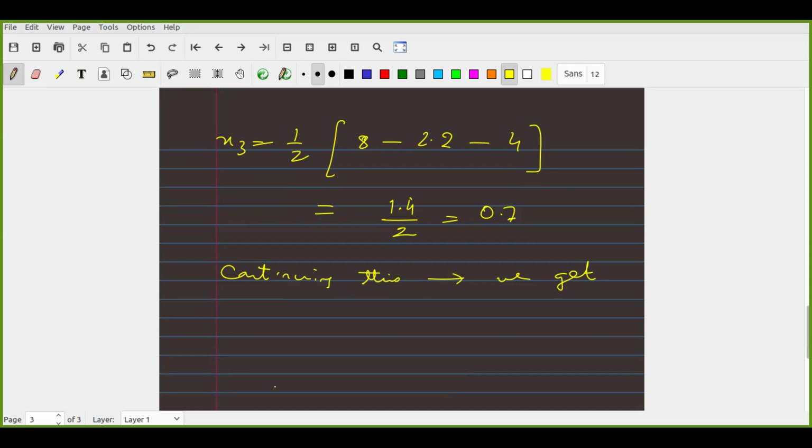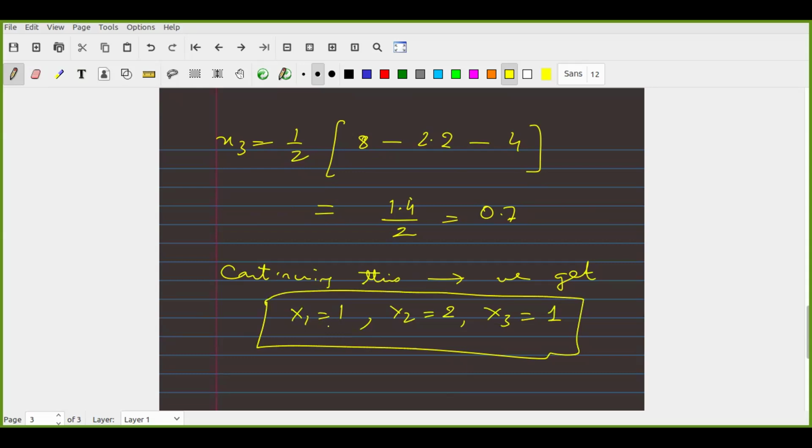So to get exactly, at least 3 more iterations we have to do. So we get x1 is equal to 1, x2 is equal to 2, x3 is equal to 1. This is the right answer. I'm not saying that you should get exactly the same, but almost, like 1.00 something. This is 2.00 something. Like this, you will get answers close to this.